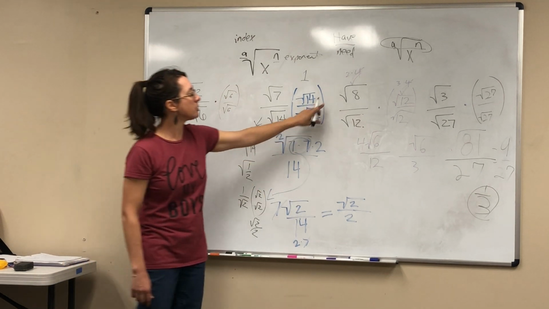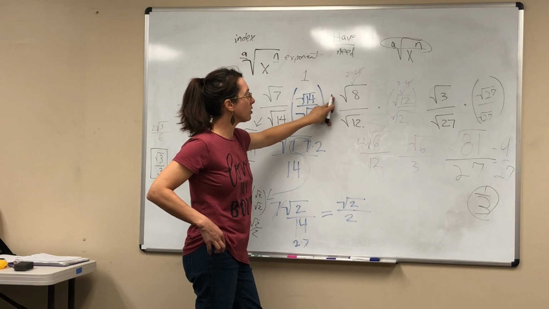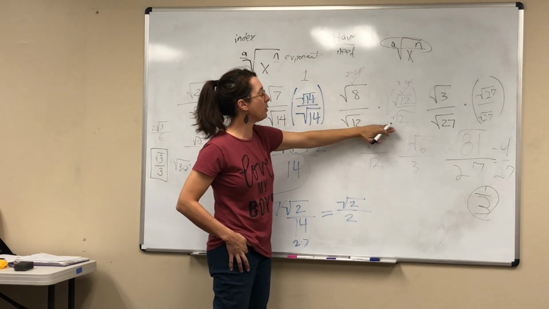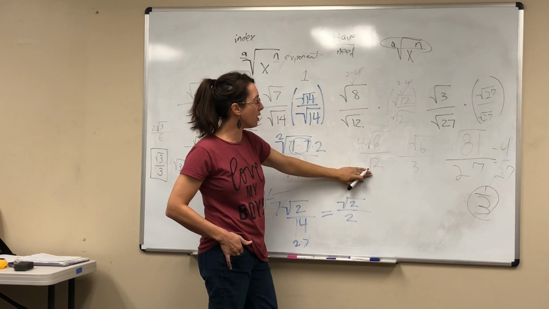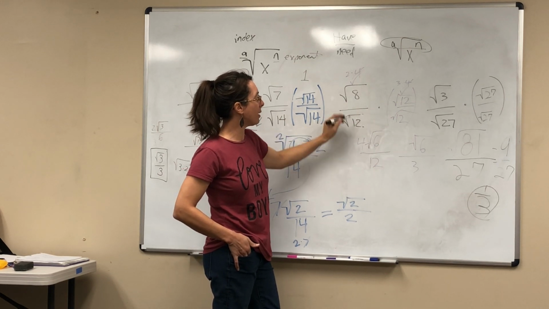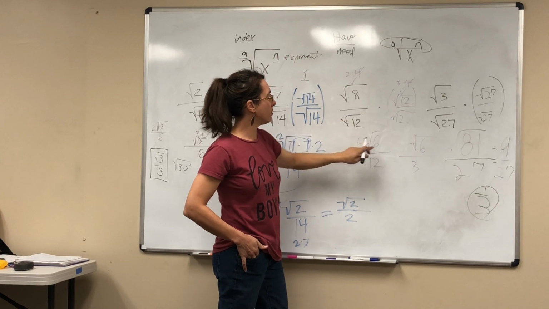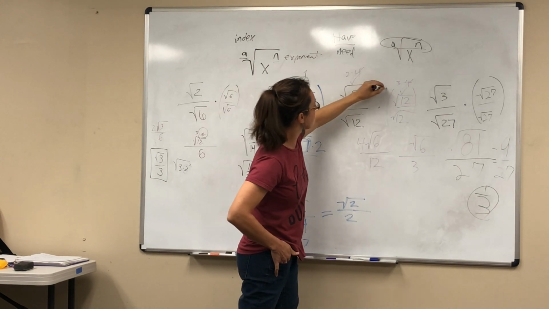Okay? So look at this one. Square root of 8 over square root of 12. He multiplied times the square root of 12 because that's the problem. So that ends up with just 12 in the bottom. The top ended up 8 times 12 square root, right?